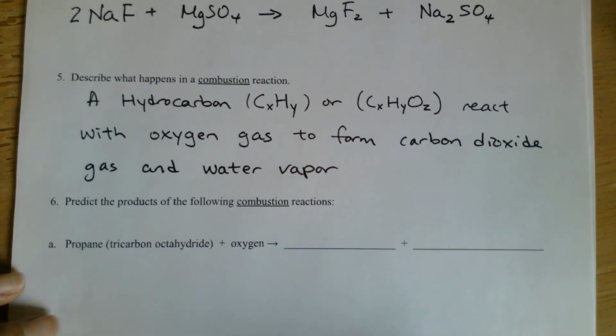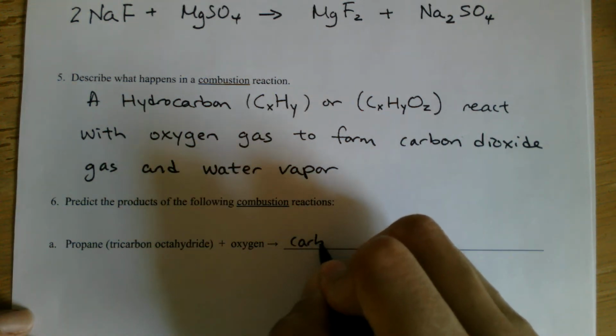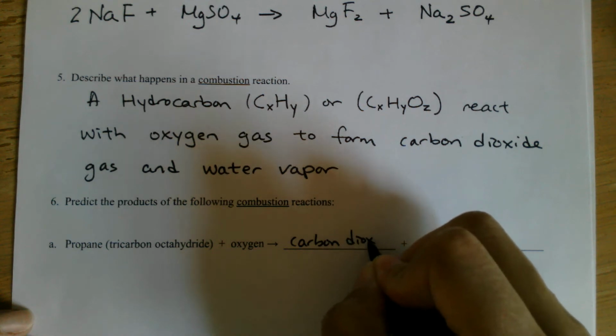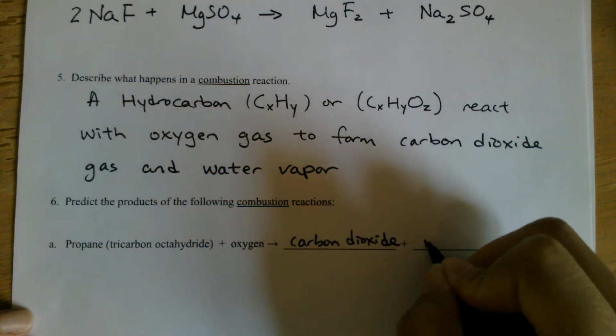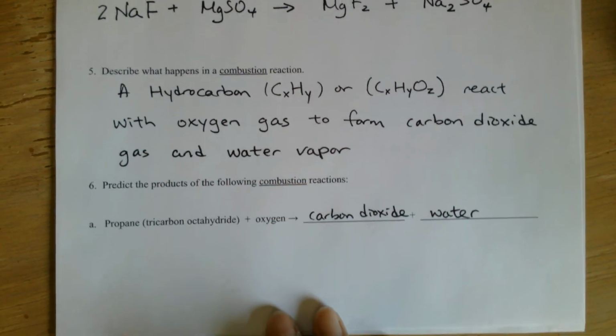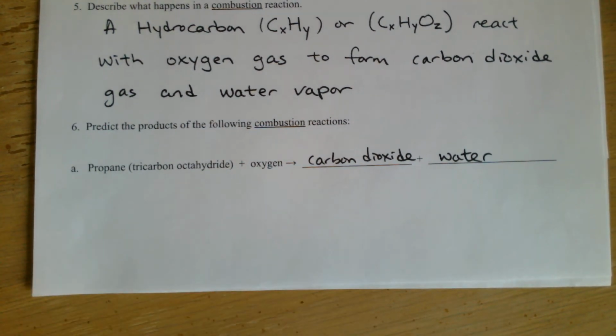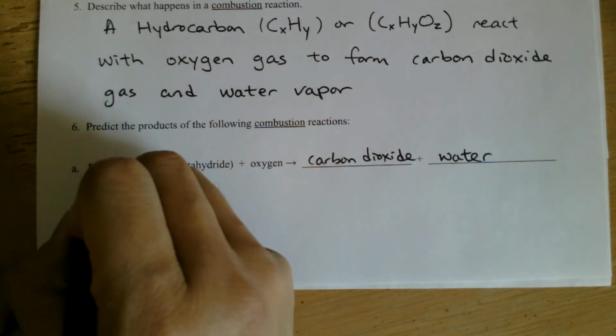So for number 6, predicted products. For A, we have propane, and that reacts with oxygen, and we will get carbon dioxide and water. That's going to be our products. It's always going to be our products for a combustion reaction. Okay, so let's write the formula. Propane has the prefix prop, which means 3, so we have 3 carbons.